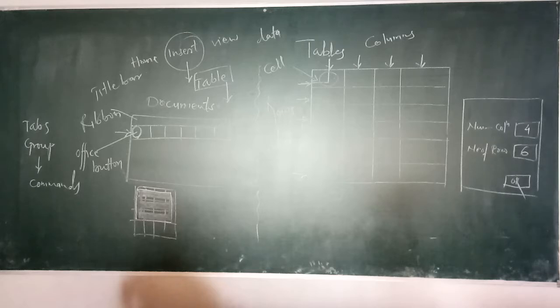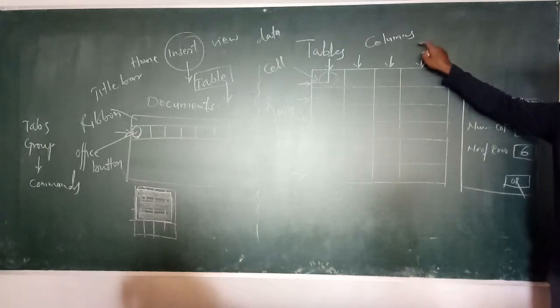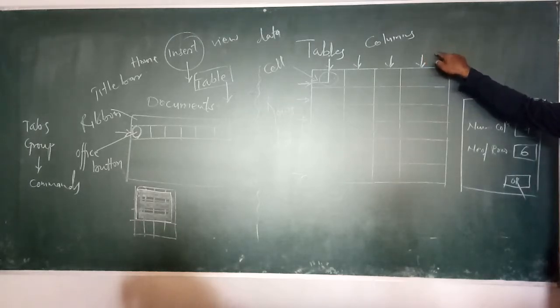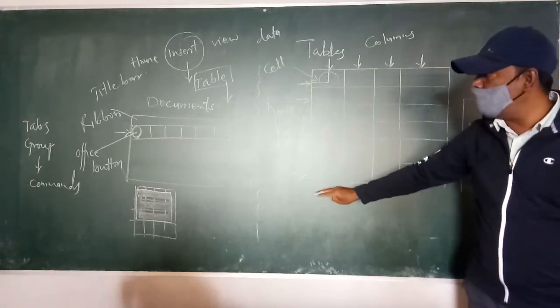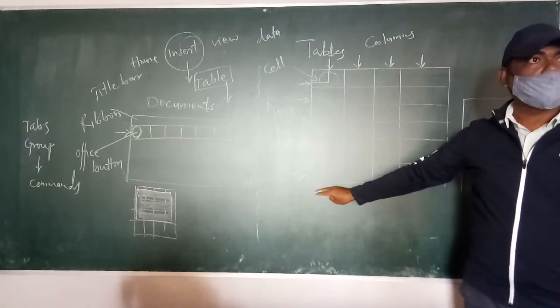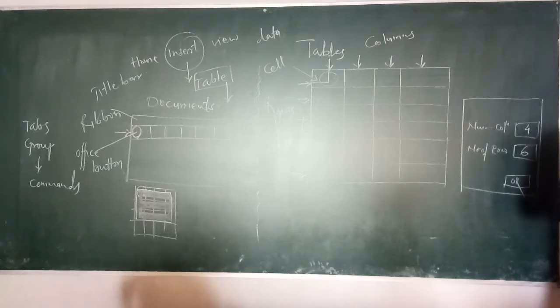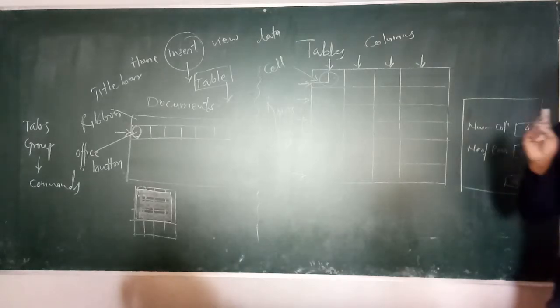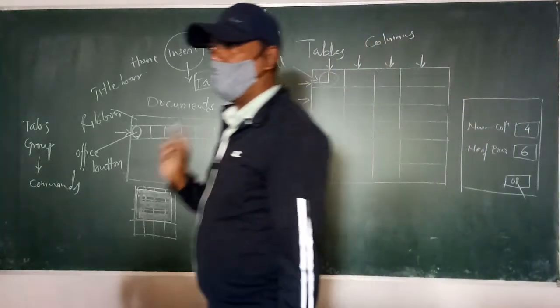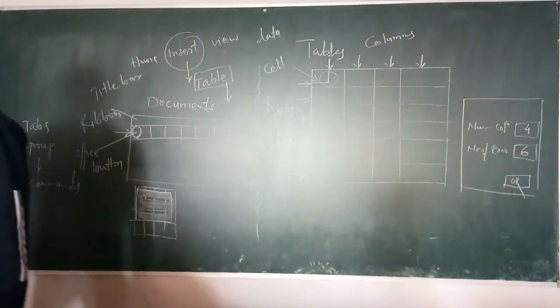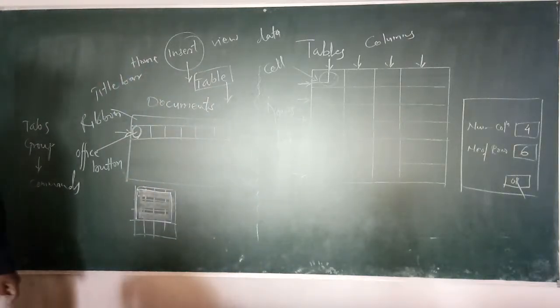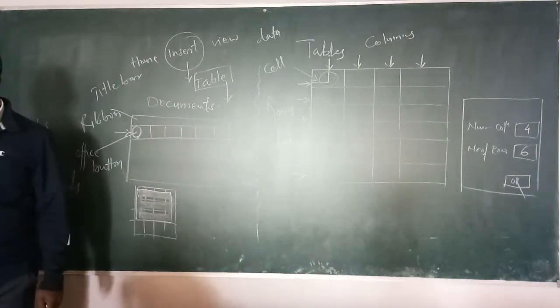If you want to add a new column in this table, we can use Insert Column. If you want to add a new row, Insert Rows. Insert Column and Insert Row are used to add a column and a row in the table. Understood?